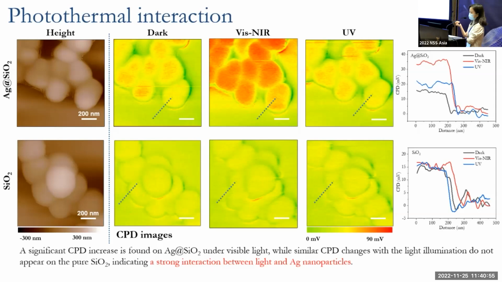From this, we can see that a significant CPD increase is found on silver silicon oxide under visible light, but a similar CPD change with the light illumination condition does not appear on pure silicon oxide.